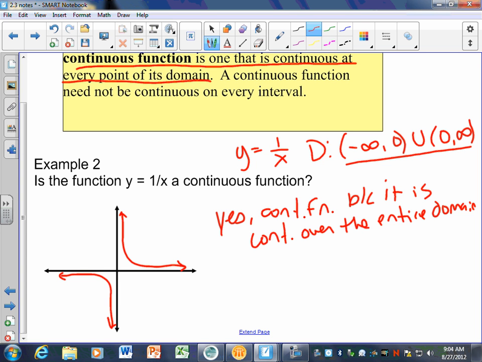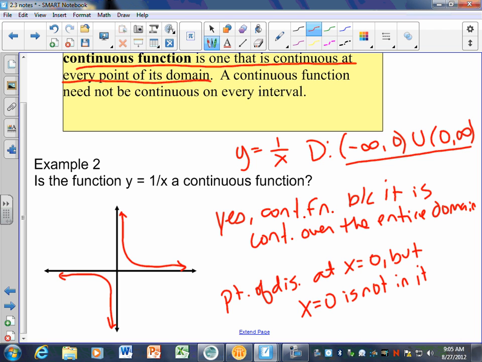If this question asked you, are there any values of discontinuity on that graph, you could still say, yes, there is a point of discontinuity at x equals 0. And I'm just going to go ahead and add this in, but x equals 0 is not in its domain.